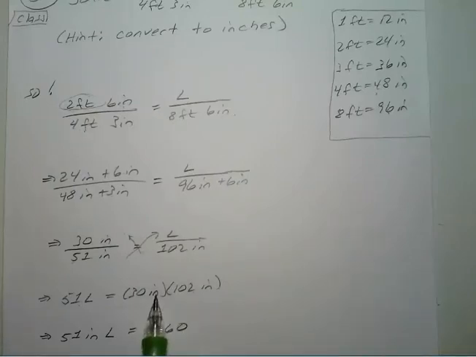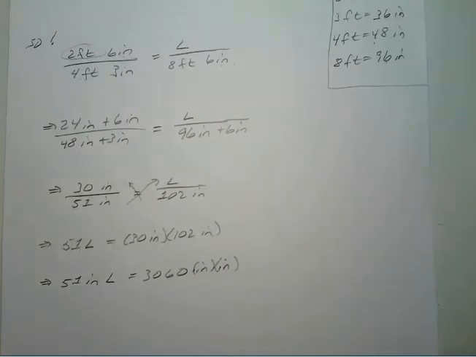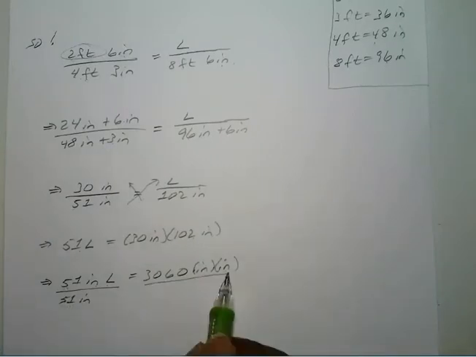And we're going to take the inches and move them to the outside. So inch times inch is inch squared. So we just kind of moved it to the outside. Okay, so now we want to solve for our unknown length of L, but we have to get rid of this 51 inches. So we divide both sides by 51 inches.